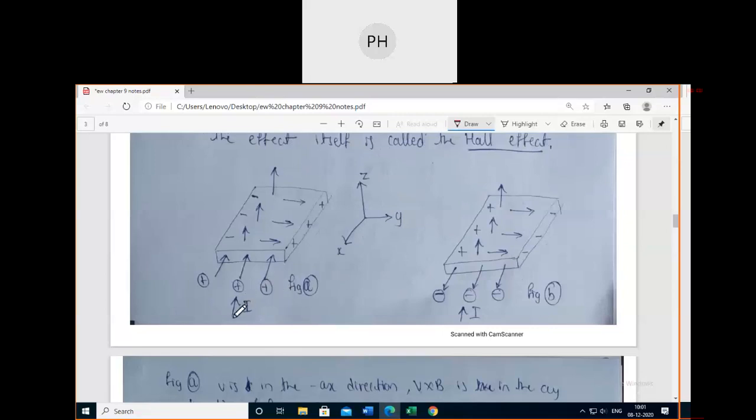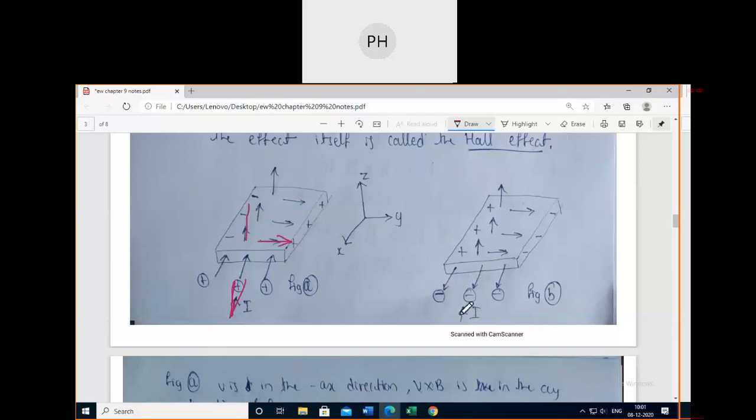You can observe here the movement: current is moving like this. The positive charges are there. Because of the positive charge, the electrons will be moving in this direction, perpendicular, and positive charges will be moving in this direction.